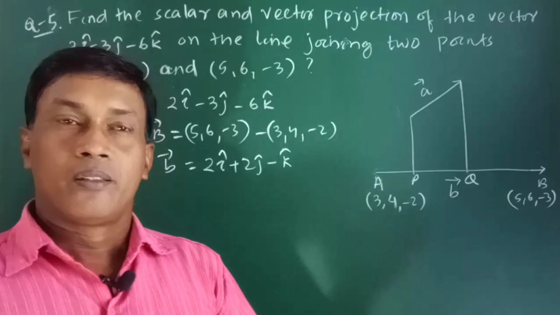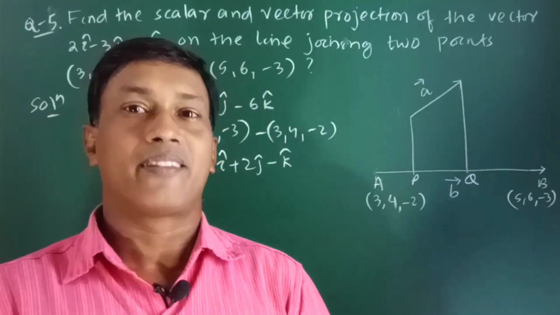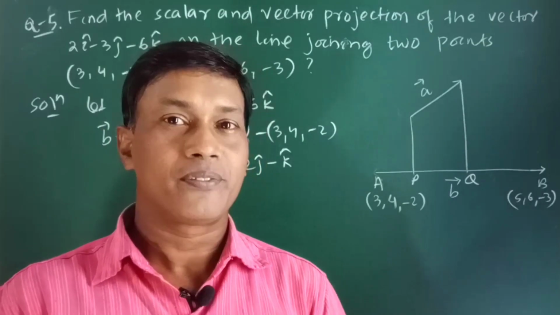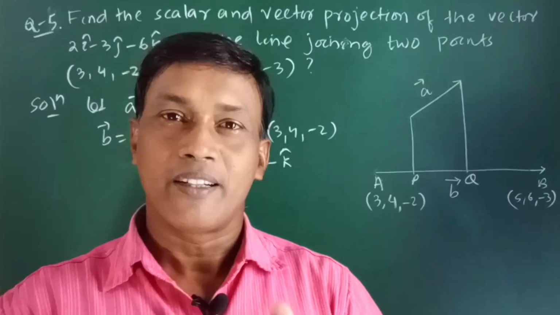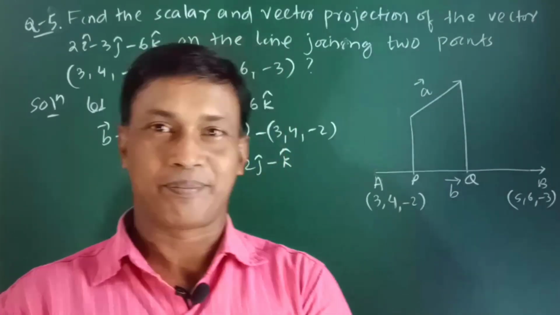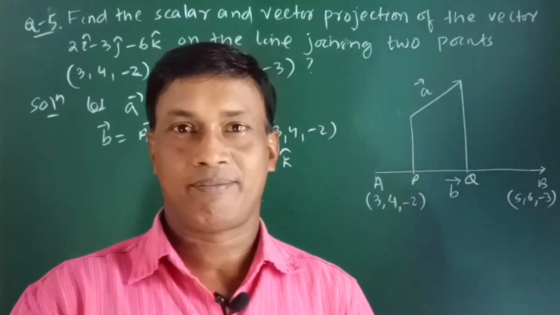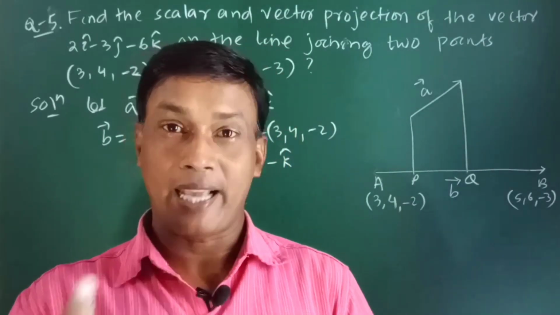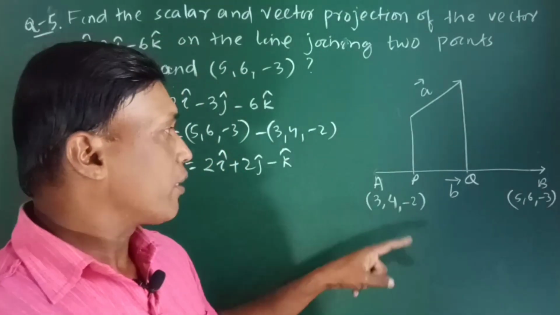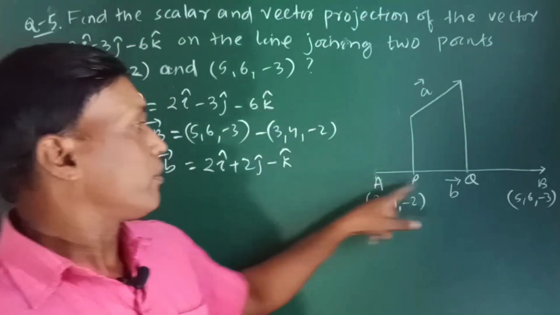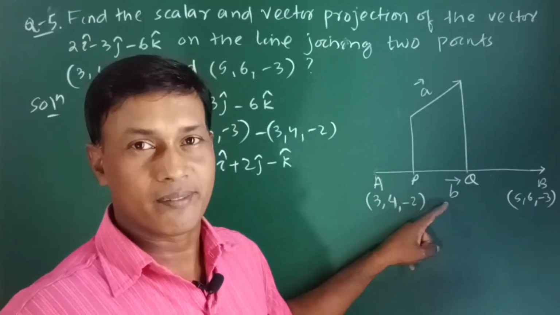For projection, we need the dot product first, then the magnitude of that vector on which the projection is taken. Now here the projection is on b vector, so we need the magnitude of b vector only.